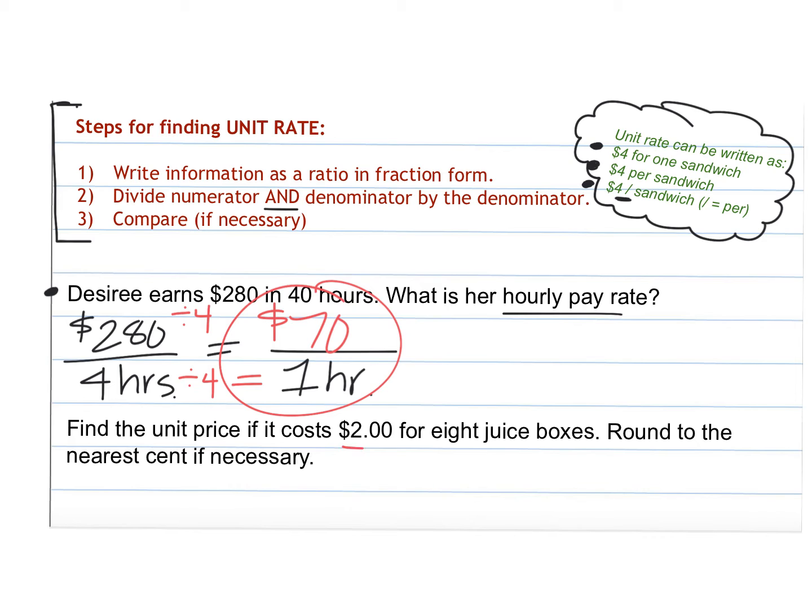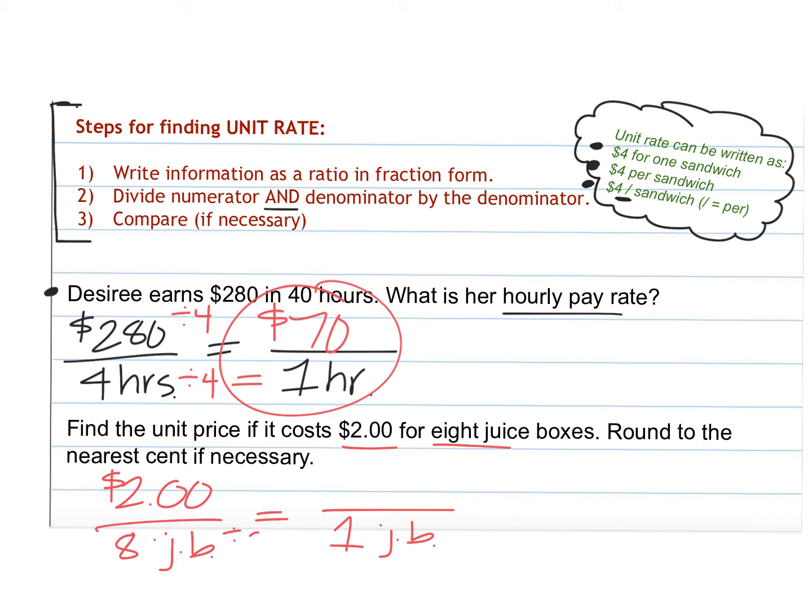Find the unit rate if it costs $2 for 8 juice boxes. So we would go $2 for 8 juice boxes. Most of the time the money would be on the top because we want to know how much money it is for 1 given a rate. For instance here, we want to know how much it is for 1 juice box.